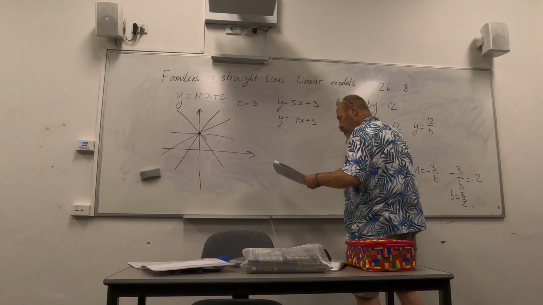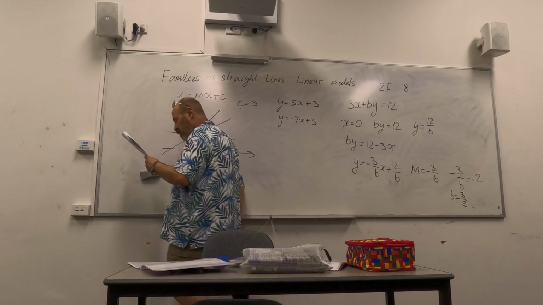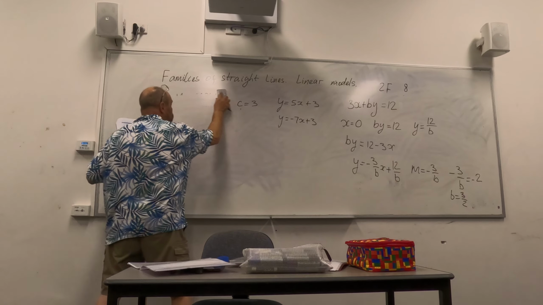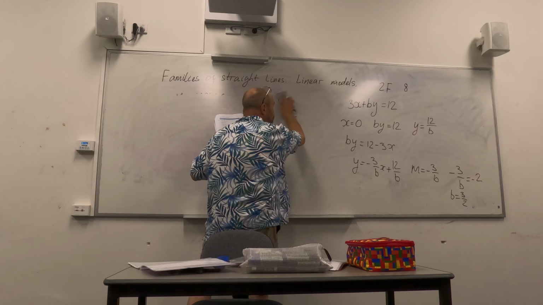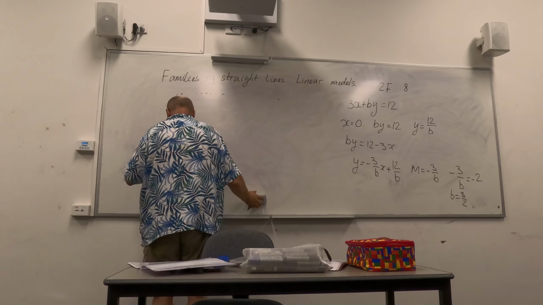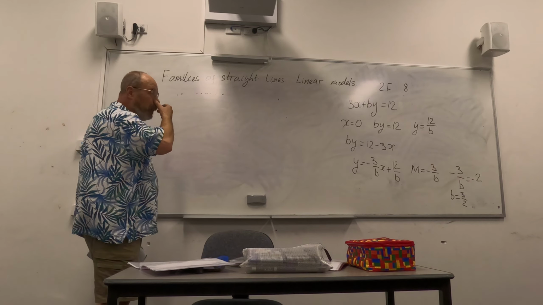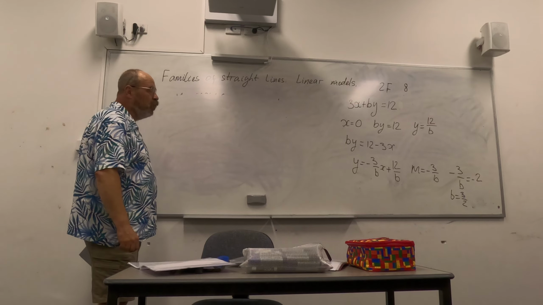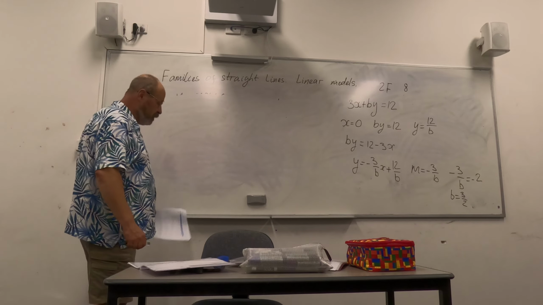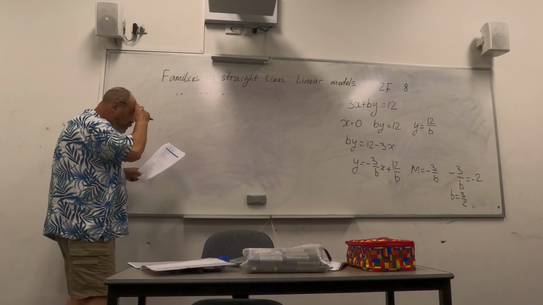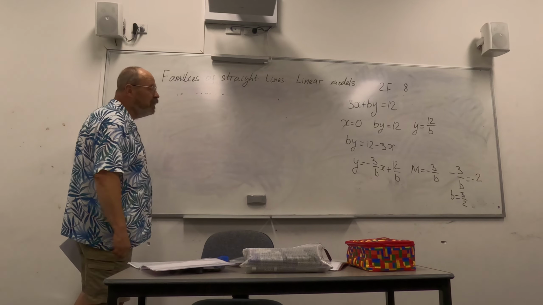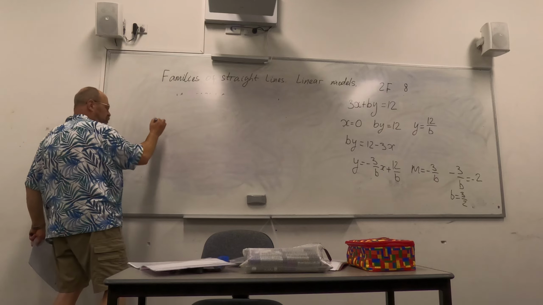And the last part, D, is find the equation of the line which is perpendicular to 3x plus by equals 12 at the point (4, 0). So we know that the gradient of the line is negative 3 on b.